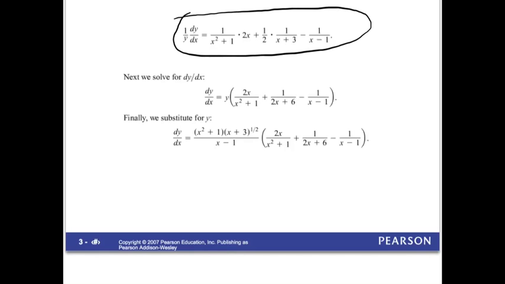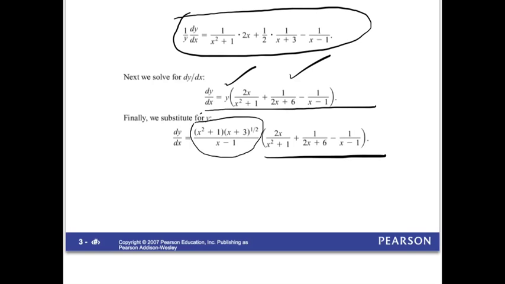Solving for dy dx, we multiply both sides by y, and we get dy dx is equal to y times the expression we had for the derivative of the right-hand side. And since we know what y is, we just write it down from the previous page.